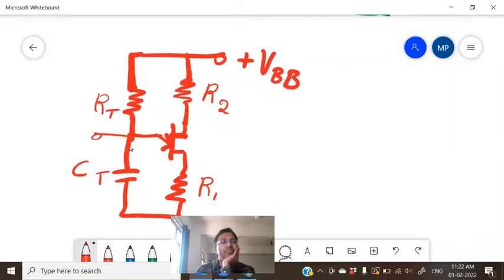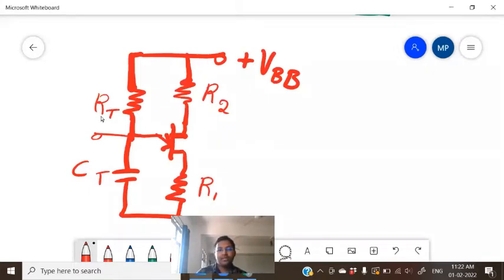Initially, when we connect this and switch on, the capacitor CT will charge via RT. Any resistor and capacitor you connect to a supply, the capacitor gradually charges.